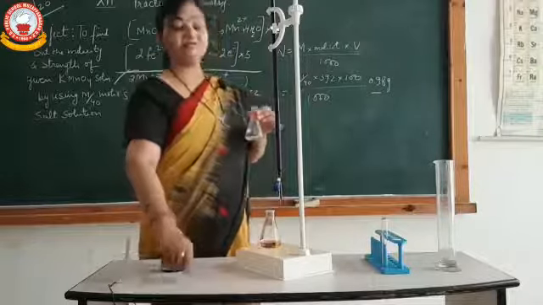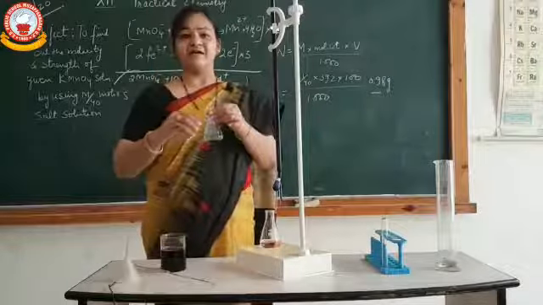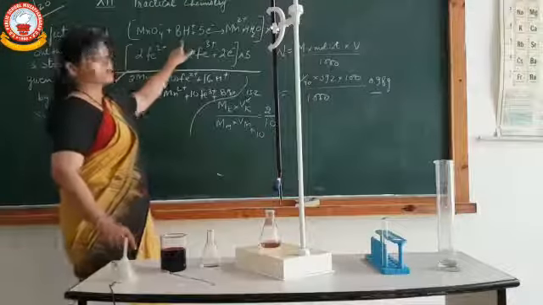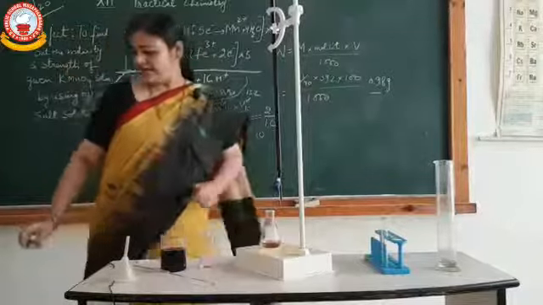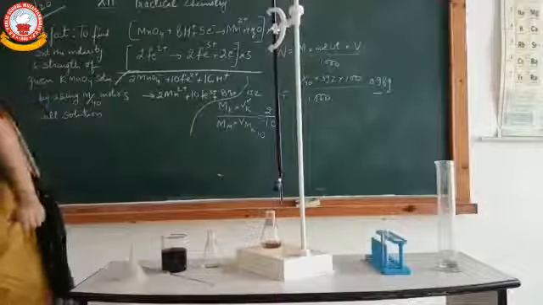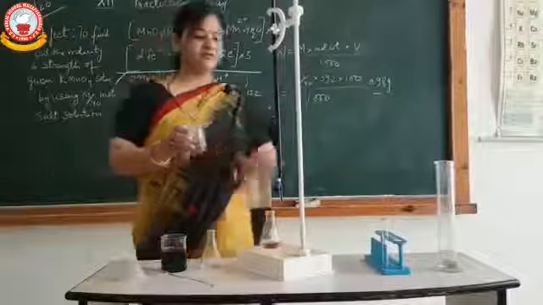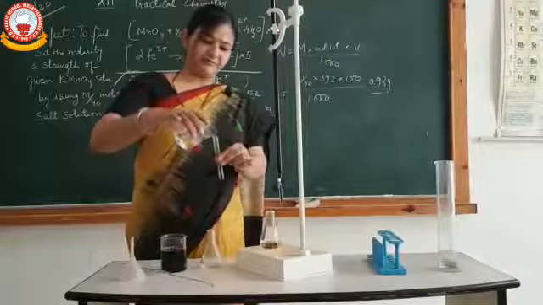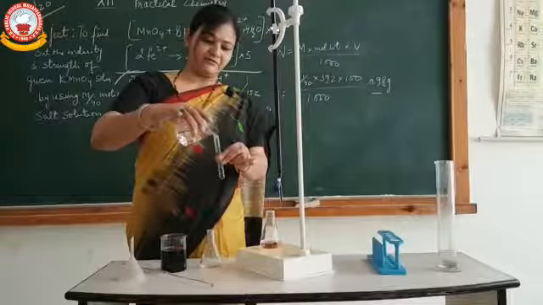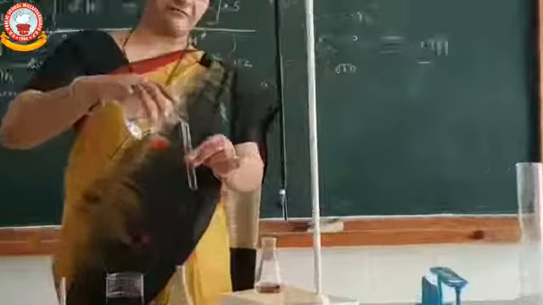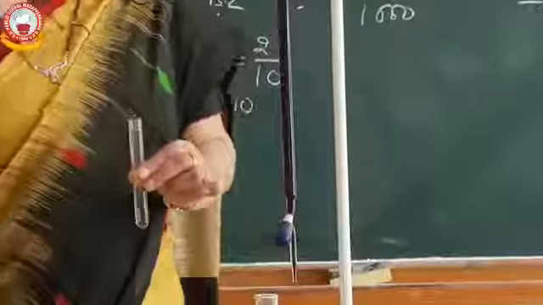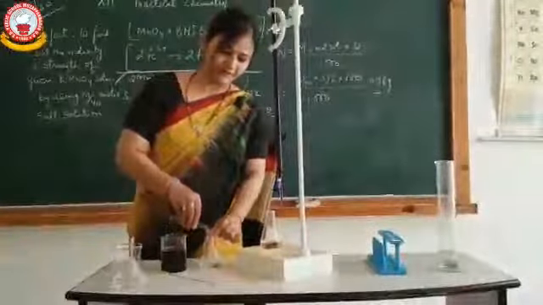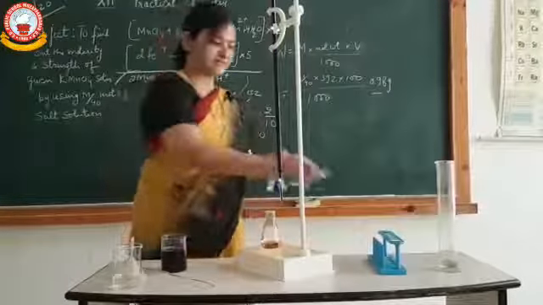Now after adding this Mohr salt solution to the conical flask, as Bharti ma'am told you that this reaction is carried out in the presence of acid, you will add 1 full test tube of sulfuric acid to this Mohr salt solution, like this.